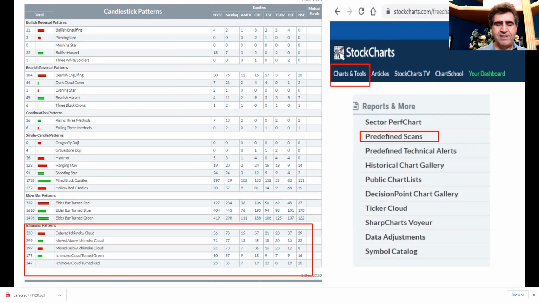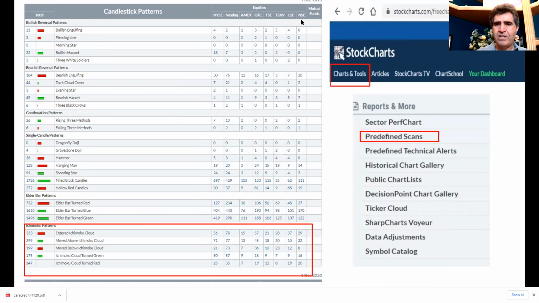Candlesticks are my favorite as far as styles go, so I use candlesticks more than lines, bars or point and figure, which I think we should have a class for in the near future, because it's wonderful to understand them. They also separate the New York Stock Exchange, NYSE, NASDAQ, Amex, over the counter, the Toronto Stock Exchange, also Toronto and Vancouver and London.